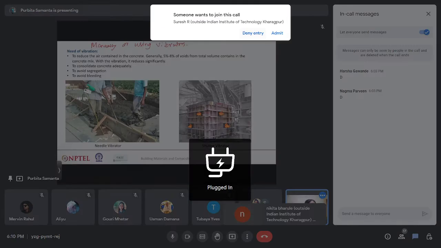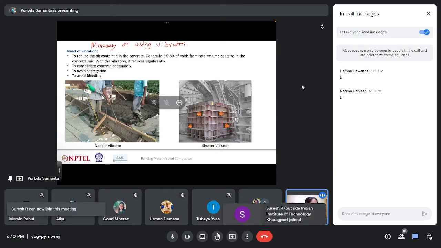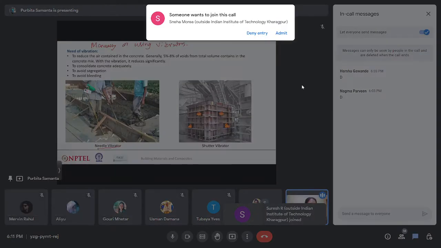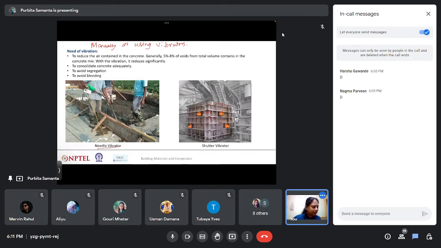Now look at the first image, where this needle vibrator is being used to compact the concrete in this beam and column junction. You can see the machine has a long thing, which shows that it's the needle vibrator.